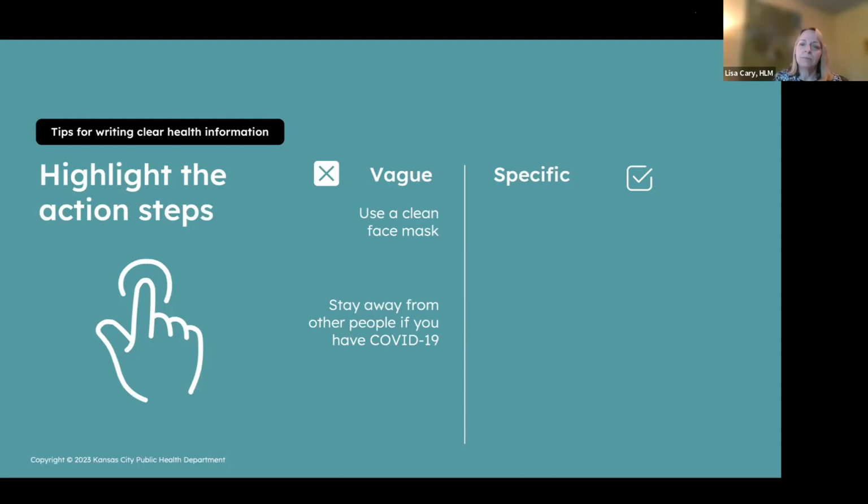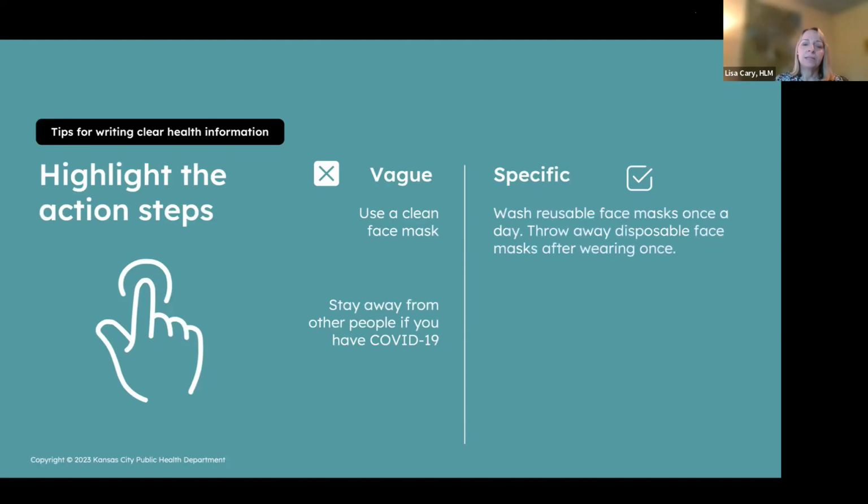Okay, that's fine, but how could you make this more specific? Something like wash a reusable face mask every day and throw away disposable masks after wearing them once. That's much more specific, so people are going to be more successful at taking this action.